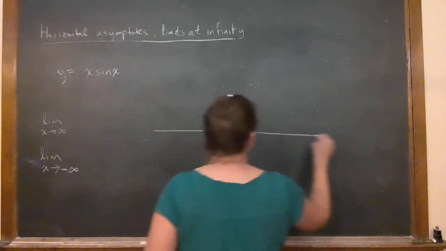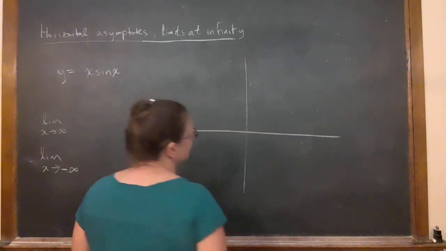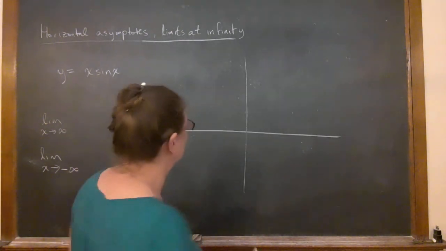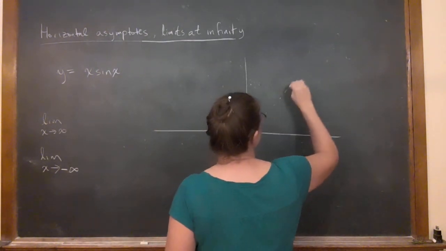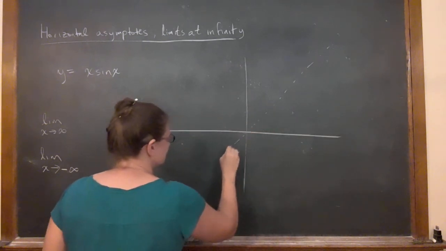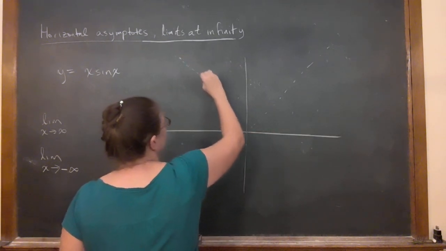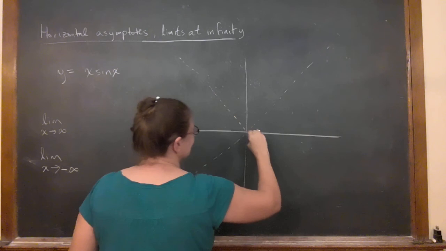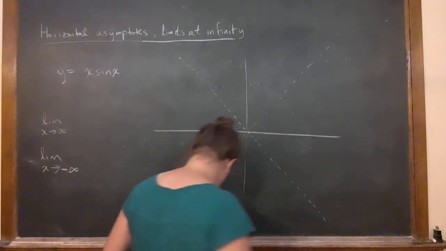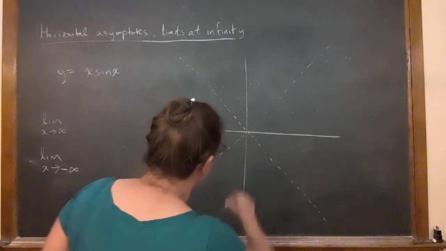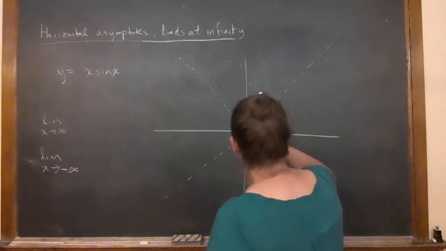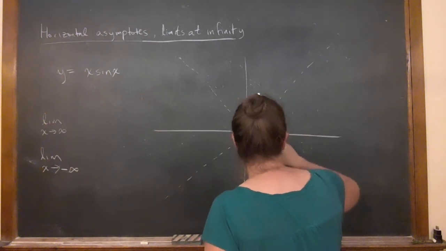If I graph x sine x, actually, I can cheat a little bit so it looks better. This is the value of y equals x. So that's going to be what the amplitude is on there. This actually is going to look like this.